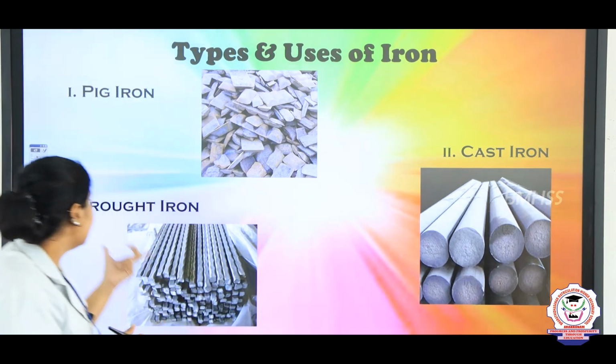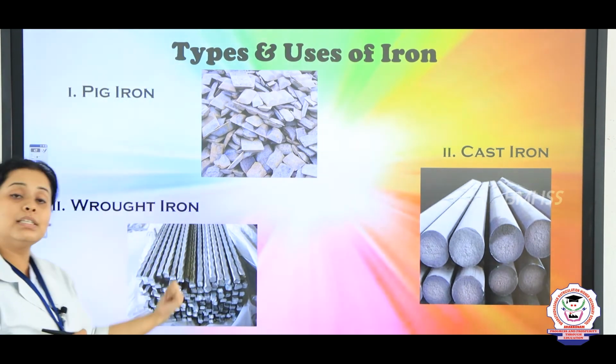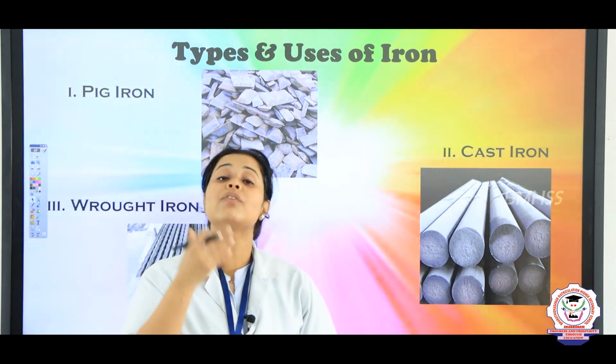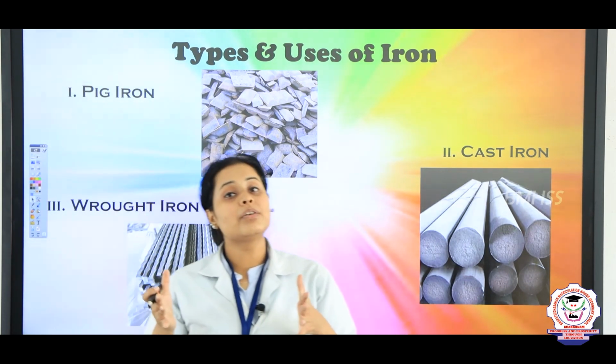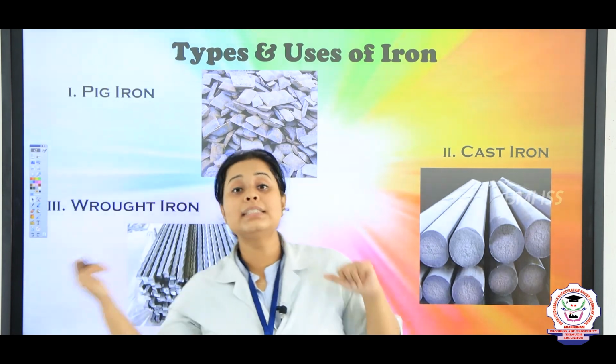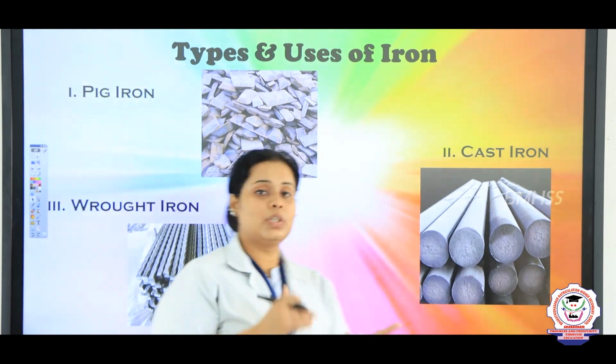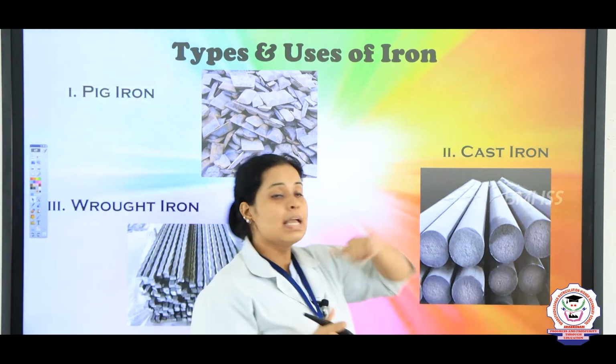Same way, if you are taking the wrought iron, which is a little bit shiny, but in this you will see that a small amount of carbon will be present, which will be in the ratio of 0.2 to 2%, and this can be used to make the aircraft ceiling and the stoves also. And the last one is cast iron.